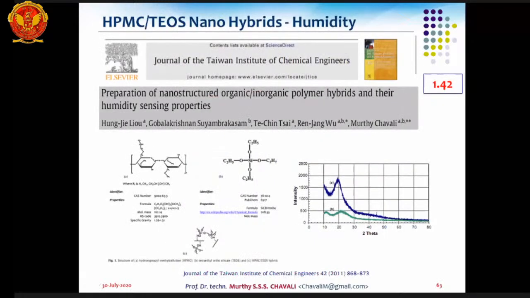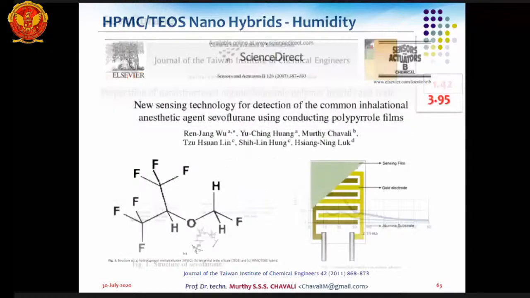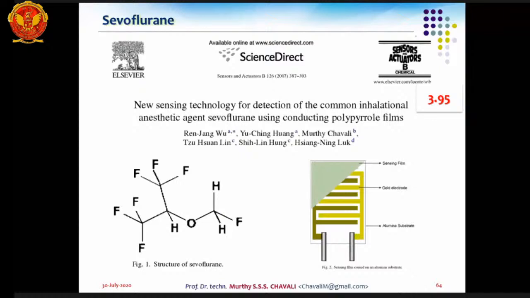And using the same hybrids, we measured humidity. Later on, since our gas sensors, specifically CO, CO2, NO, oxygen and ozone sensors, have been placed in hospitals, the World Health Organization has given us some additional work, where we have to develop something for anesthetic agents.